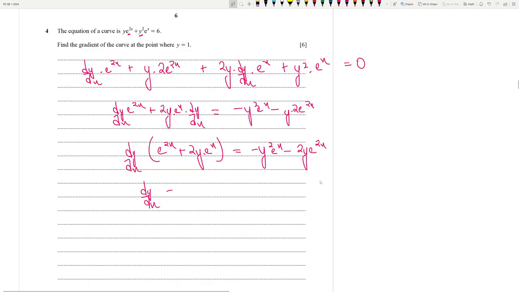So finally you end up with dy by dx is equal to minus y square e to the power x minus 2y e to the power twice x divided by e to the power twice x plus 2y e to the power x. And you know that where y is equal to 1, so let's just input that.